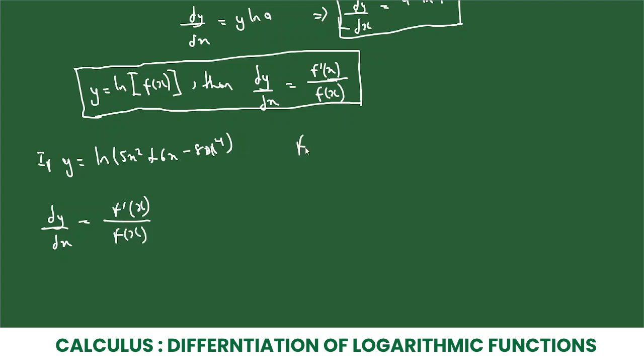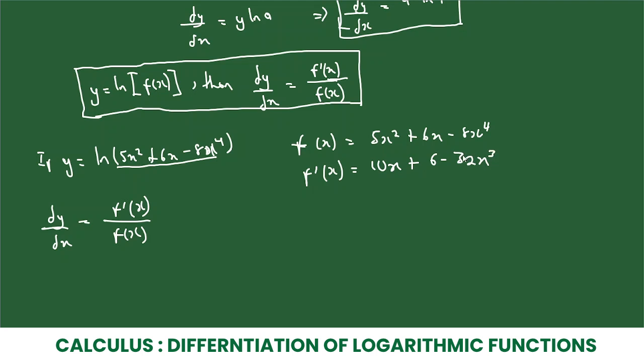The original function here is f of x equal to 5x squared plus 6x minus 8x to the power 4. So the derivative of this is going to be 10x plus 6 minus 32x cubed.